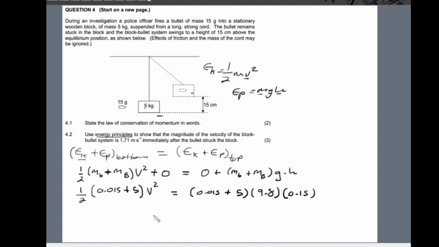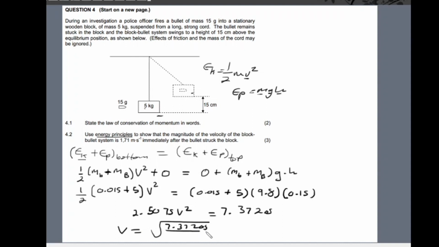So now on the left hand side we have 2.5075 v squared, and then on the right hand side we will have 7.37205.